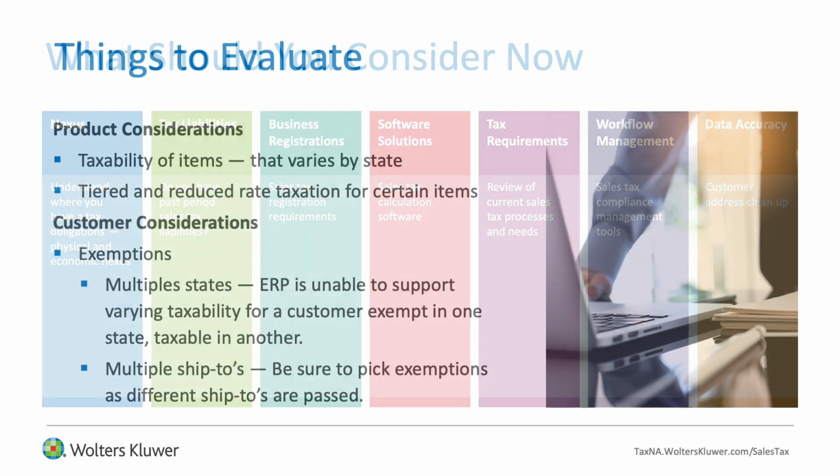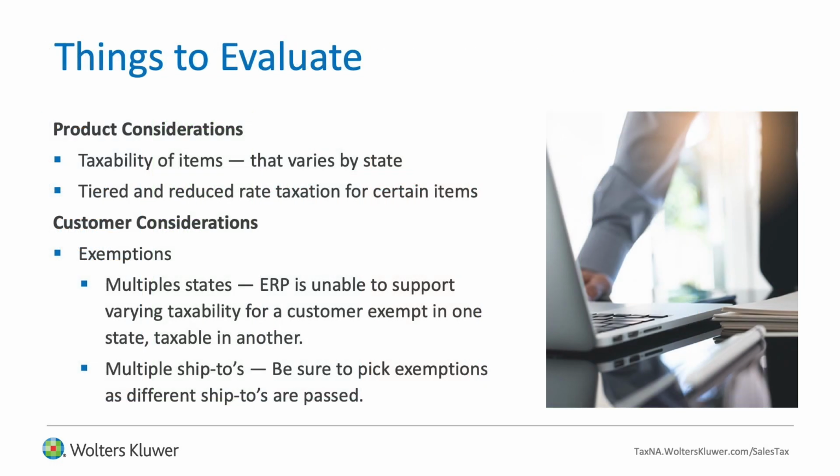Things to evaluate. So when you're looking at tax treatment and tax work process, you need to look at the product considerations. The taxability of items varies by state, with tiered and reduced rate taxation for certain items. So if you're using an ERP and you're using the native functionality in an ERP, then that's not going to be covered in the ERP native tax calculation.